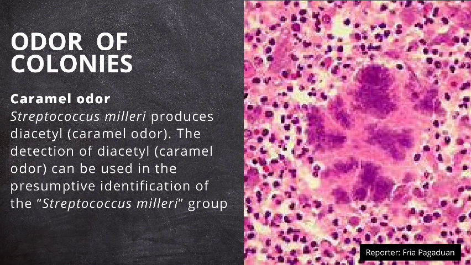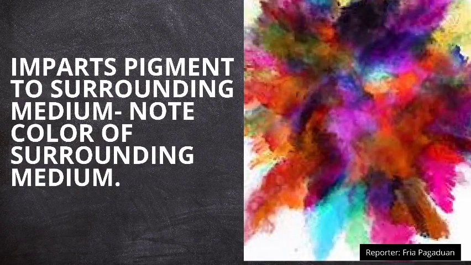Next, for pigment imparted to the surrounding medium, note the color of the surrounding medium. The main sources of natural pigment are plants or microorganisms. The use of plant pigments has main drawbacks, such as non-availability throughout the year and pigment stability in solution. Large-scale plant use may lead to loss of valuable species.